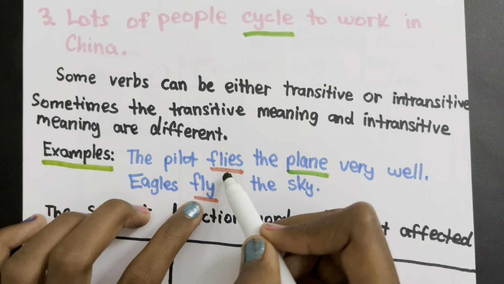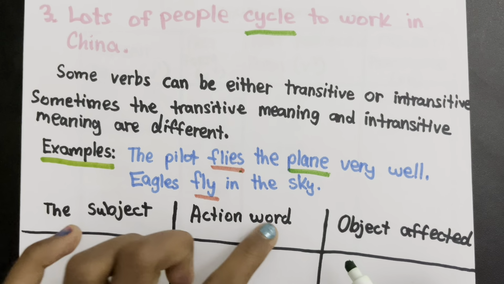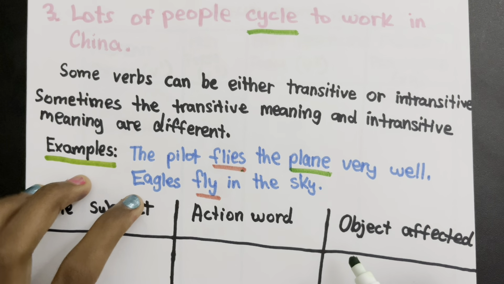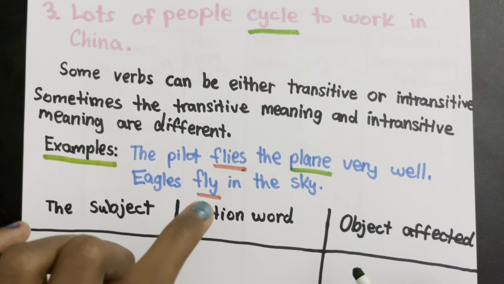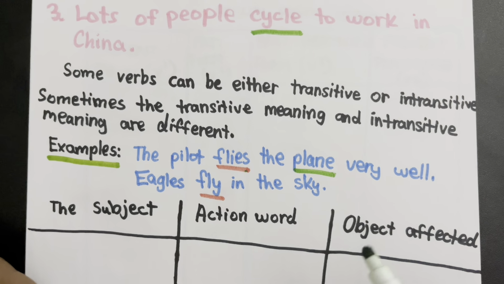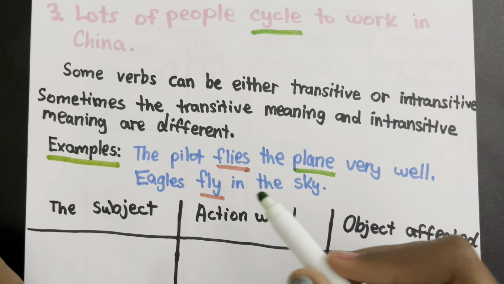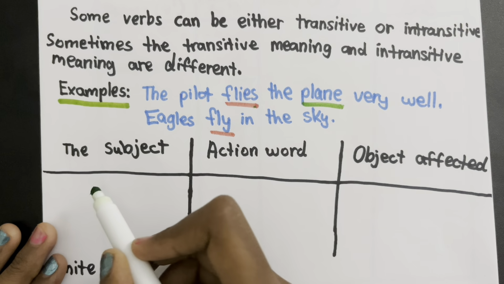I use the same word in a different sentence: fly. Eagles fly in the sky. In this sentence, eagles is the subject, fly is the verb, and there's no object in this sentence. So fly is the intransitive verb. I'm going to write the subject here.